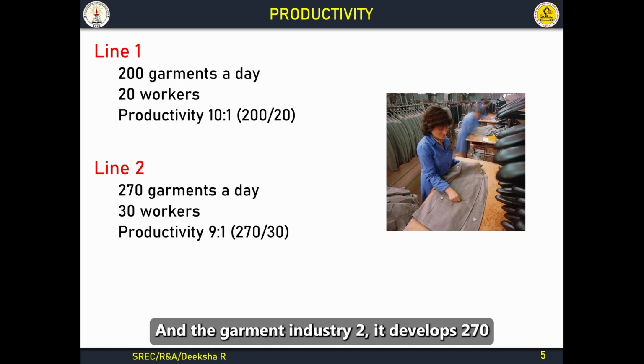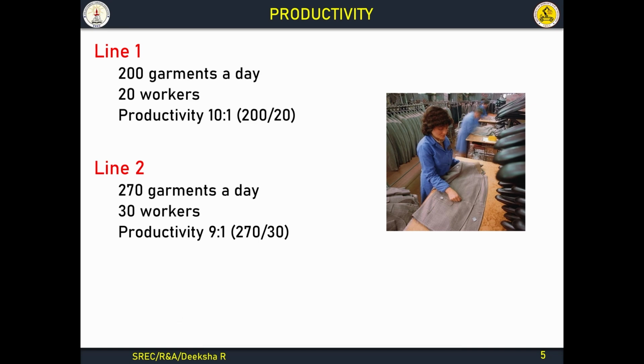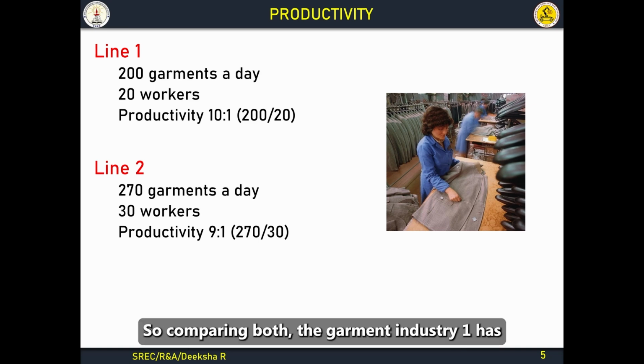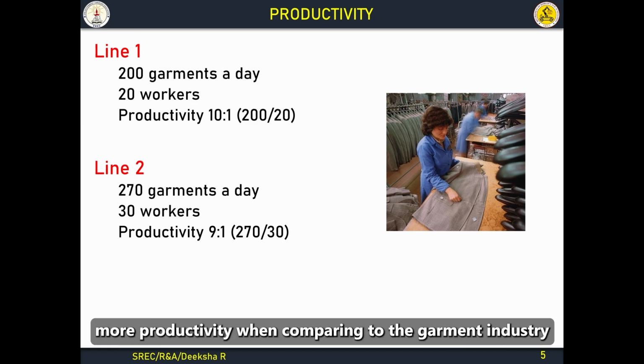Another garment industry produces 270 garments per day using 30 workers. Here the productivity ratio is 9:1, so a single member develops 9 products. Comparing both, garment industry 1 has more productivity than garment industry 2.